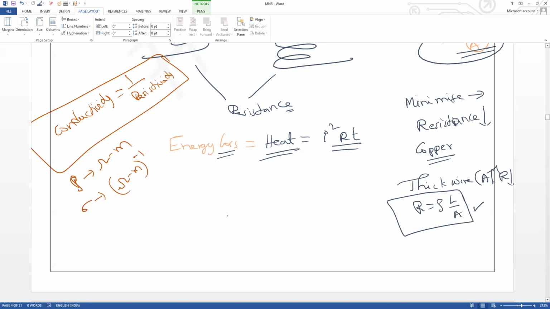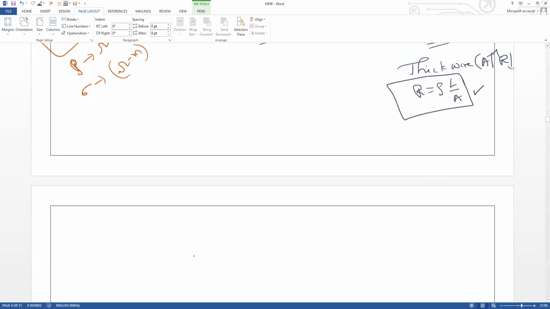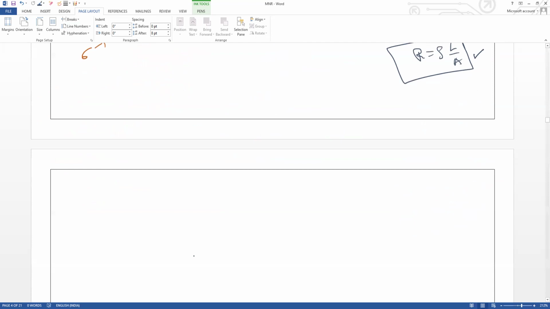We have proved that when voltage increases, current decreases, and when voltage decreases, current increases. Now, which wire area must be more, the primary coil or the secondary coil?